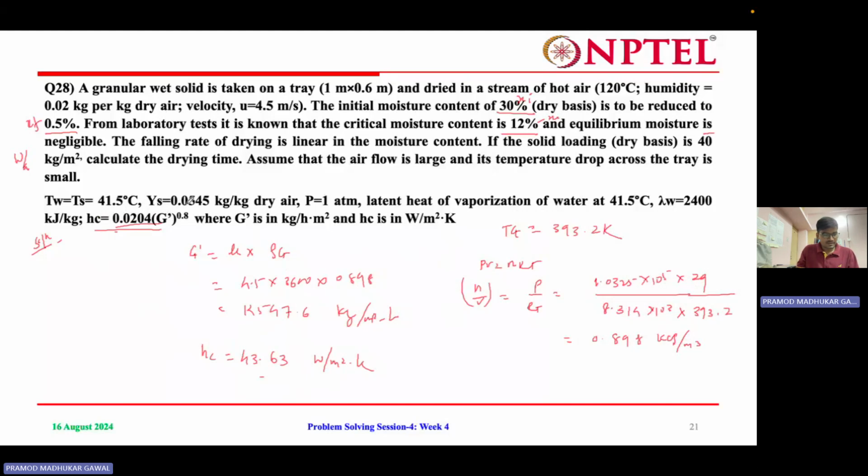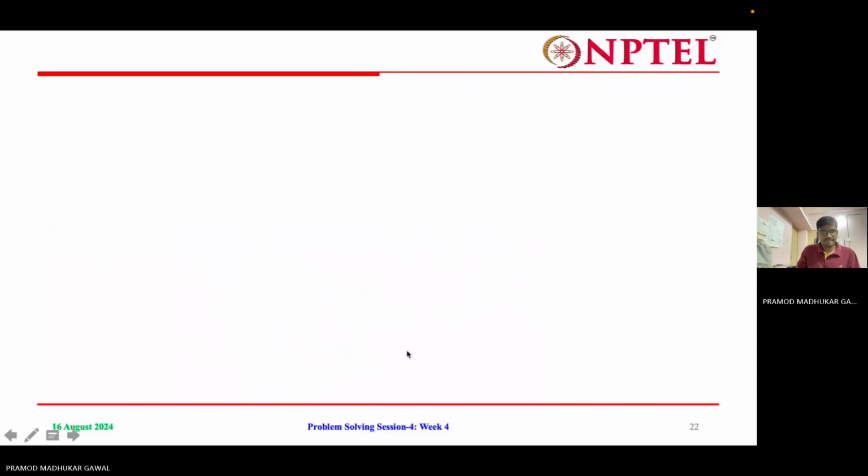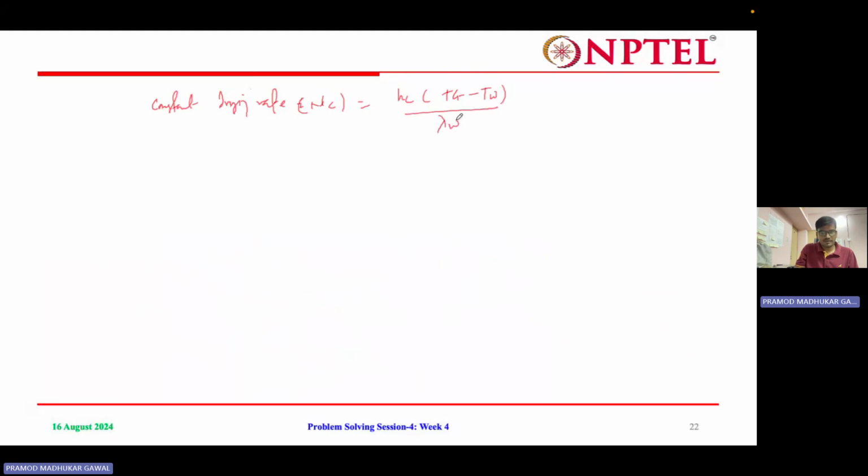So first calculate the constant drying rate. Nc is equal to hc into TG minus TW, divided by lambda W. TG is given as 120 and TW is 41.5, hc was just calculated, and lambda W is given.